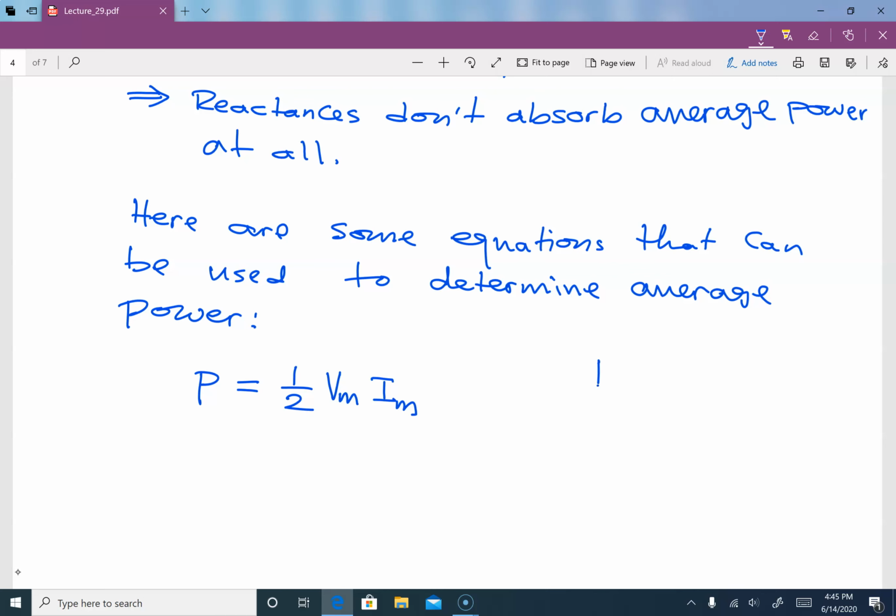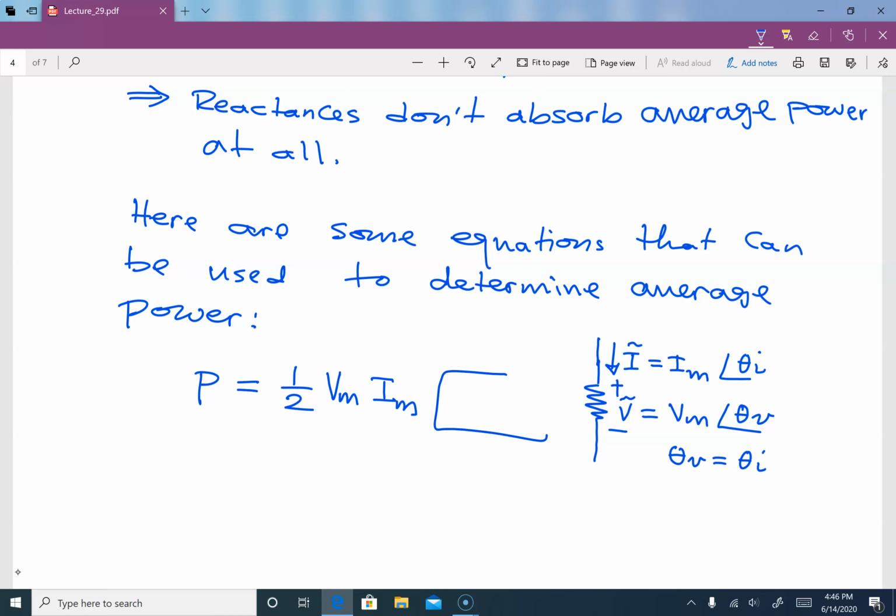If I have a resistance here, the current flowing in here is I, which is equal to Im with angle theta I, and then I have a voltage across this, which is equal to Vm with angle theta V, and in this case theta V is equal to theta I. So that's why we do not have the cosine over here. So in this case you can use 1/2 Vm Im to see how much average power that resistor is absorbing.